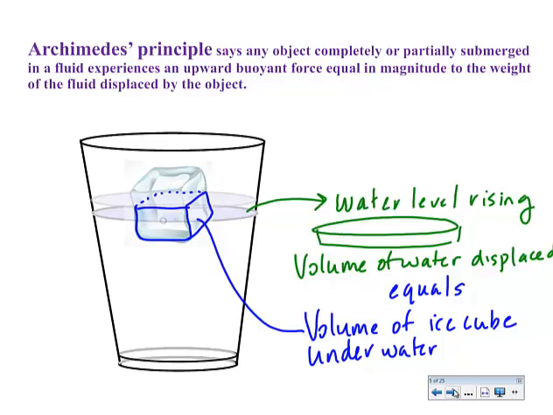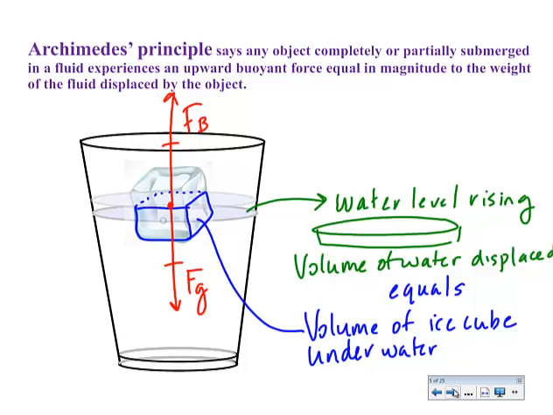The buoyant force on this ice cube, we know two things about it. First of all, the ice cube still has weight, but we know that the buoyant force balances the weight of the ice cube. They are equal and opposite.